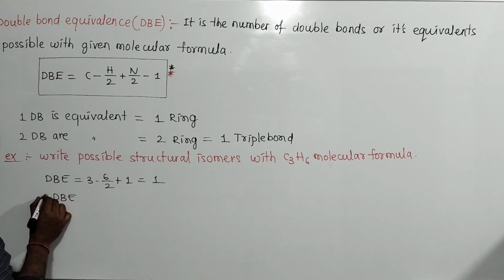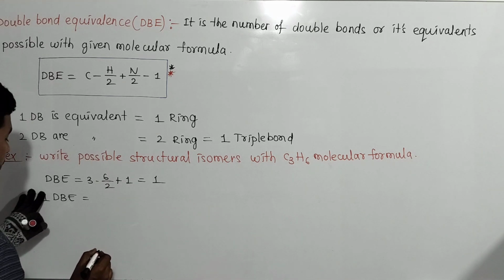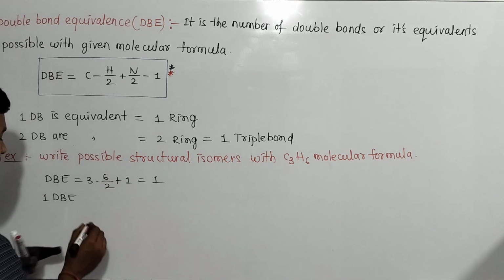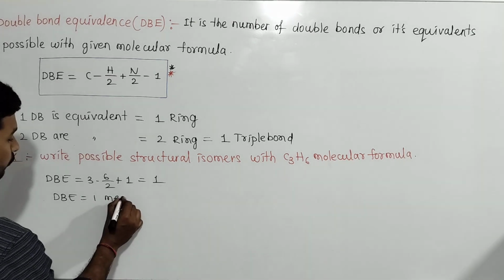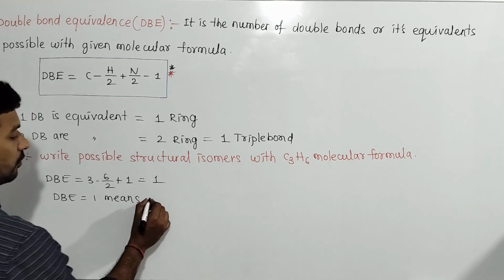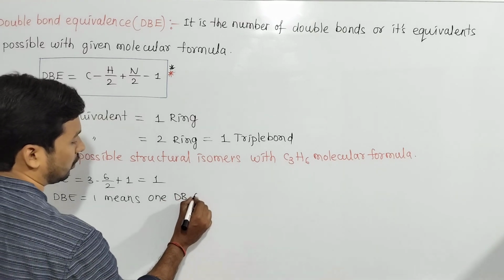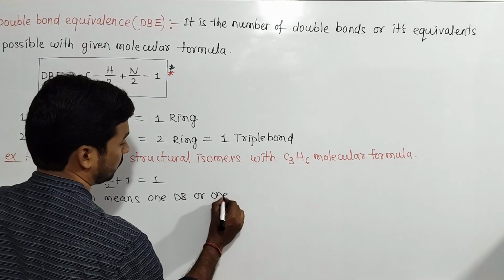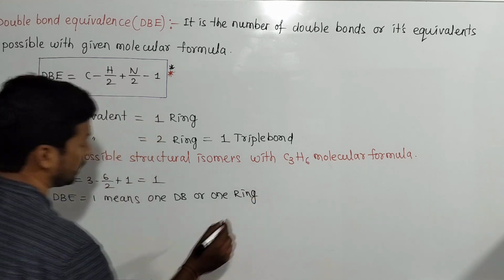DBE equal to 1 means 1 double bond or 1 ring is possible. 1 ring, not both. 1 double bond or 1 ring is possible.